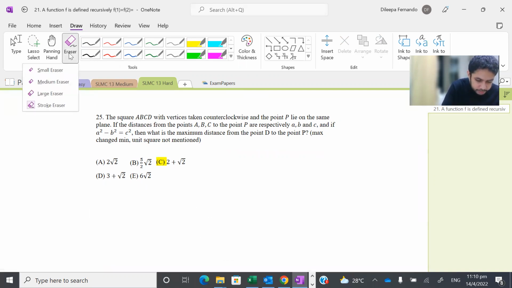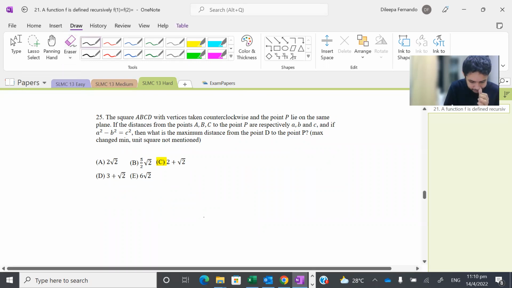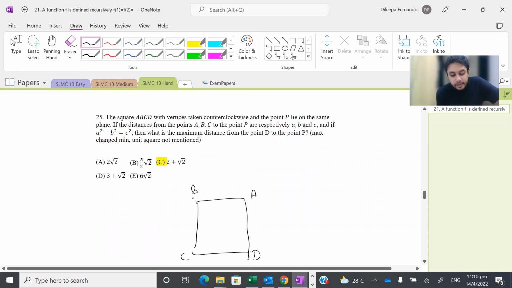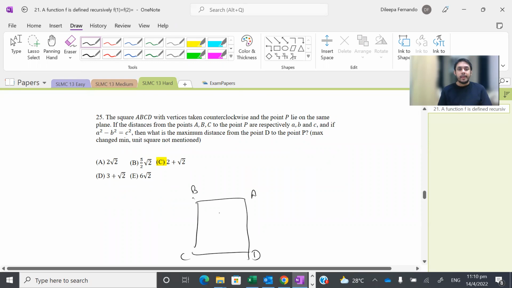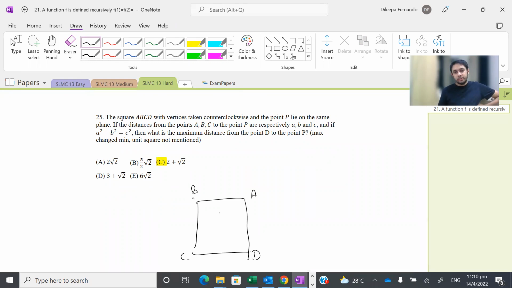Should be counterclockwise. A B C D. Point P lies on the same plane, not the same square, but the same plane, right? So it can be inside, it can be outside. If the distances from point P to A, B, and C are respectively simple A, simple B, and simple C.